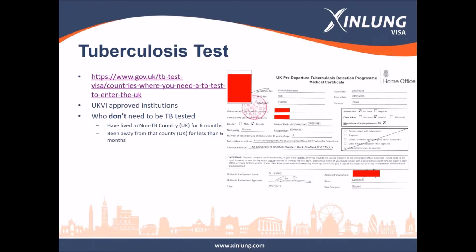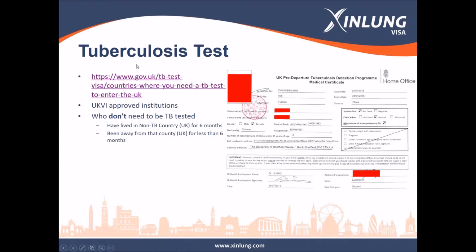So they may book your appointment, they may tell you which date is available for you to come along, and normally they would require you to bring your passport, photograph, and some money to pay the fees. It won't be very expensive. In China, it's about £50. I don't know about other countries, but of course, before you go, always ring the institution and find out what needs to be brought with you.